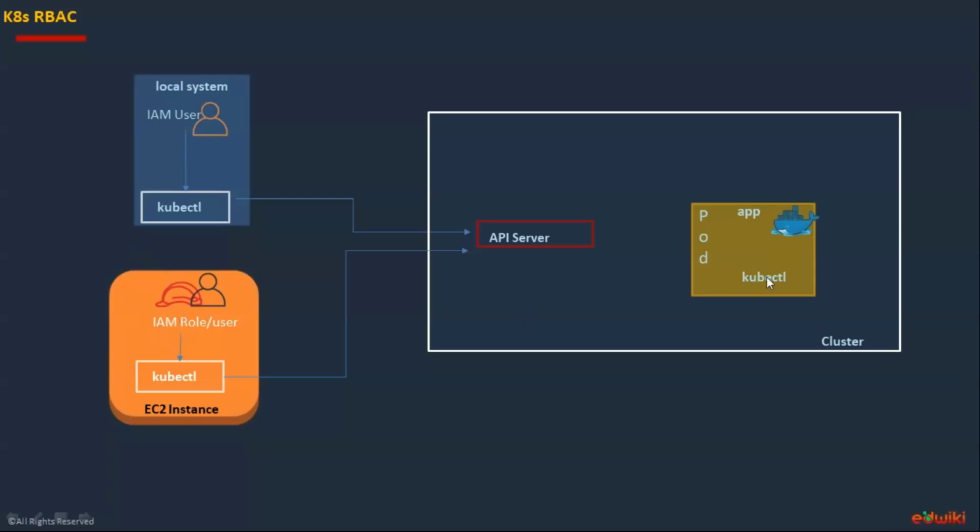Similarly, if the Kubernetes client is running inside Kubernetes and needs access to the API server to do some administrative activities, then we need to use the concept called service accounts. A Kubernetes service account allows us to grant permission to Kubernetes pods to get access to the API server for any kind of administrative activities.